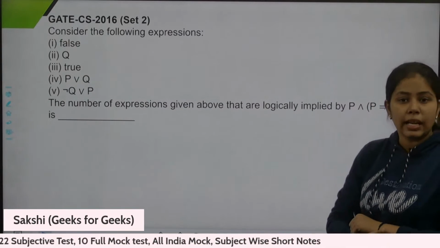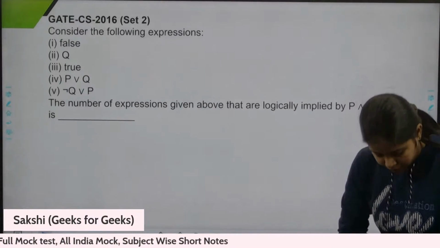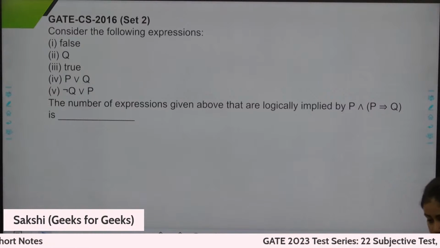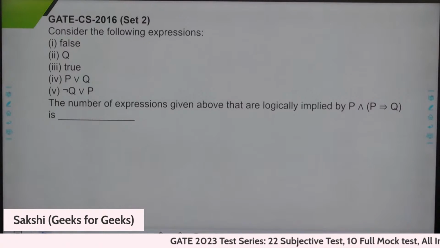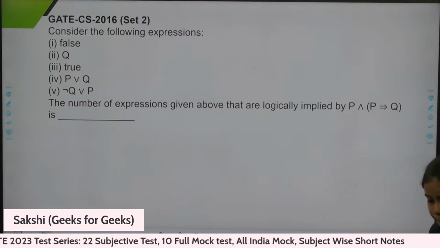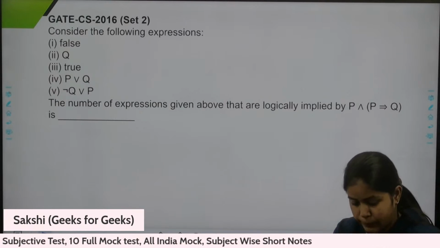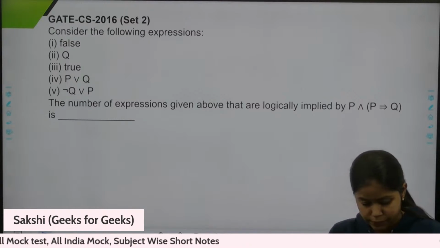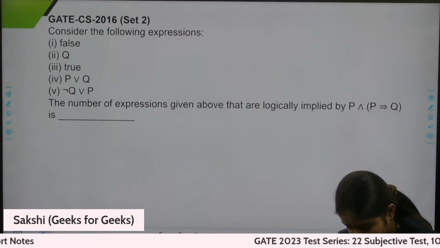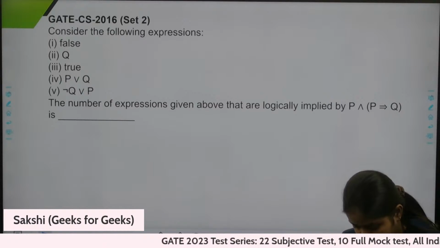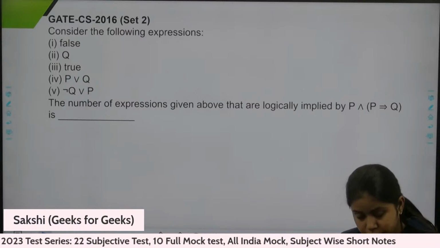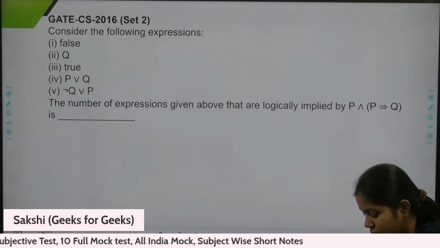Just try this once and let me know the answer in the chat section.